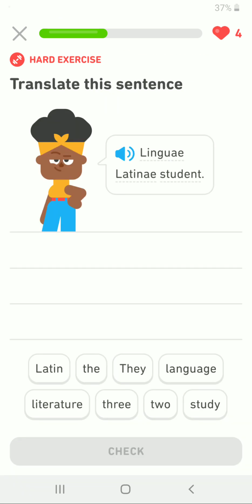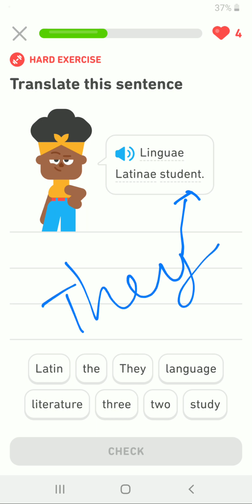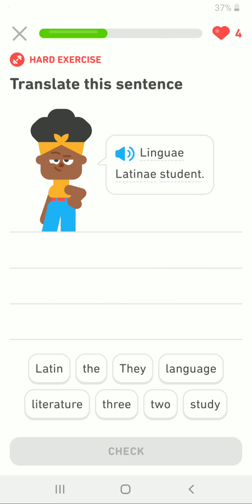Now, Linguae Latinae student. Okay. Now we have another sentence. We don't see the pronoun. So where is the pronoun? There is no pronoun. But we see the verb, which is student. Student, we know it's for they, the third person plural. So what are they studying?